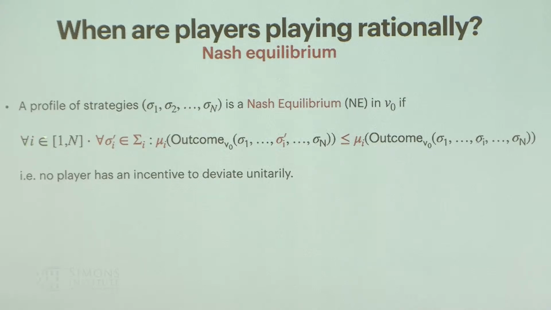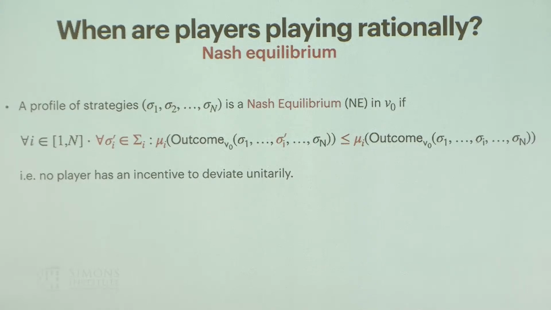You want, for all the players in your game graph, the following to be true. For any strategy that would replace their strategy in the profile, the value of the outcome for player i should be less than or equal to the value of what player i gets with the original strategy in the profile. If this is verified for all the strategies, we say that we have a Nash equilibrium.